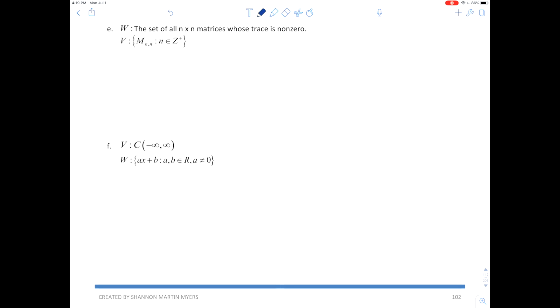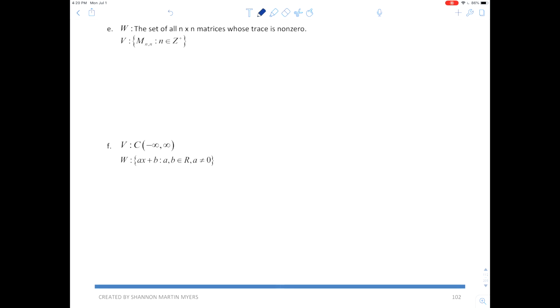Okay, next up, W, the set of all n by n matrices whose trace is non-zero. So the trace of a matrix is the sum of its main diagonal entries, okay? So the big set is the set of all square matrices of order n, where n is a positive integer. So I don't think this is going to work, because you can multiply by the scalar 0 and then you'd end up with a zero trace. You could also add two matrices that have diagonal entries that are opposites of each other.